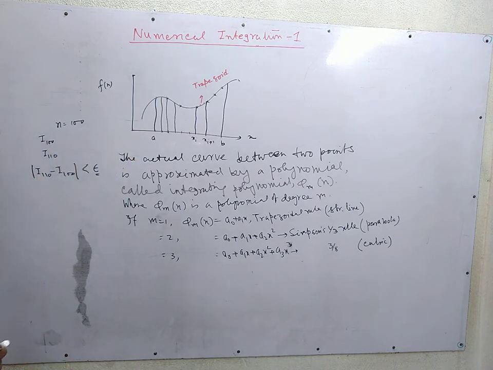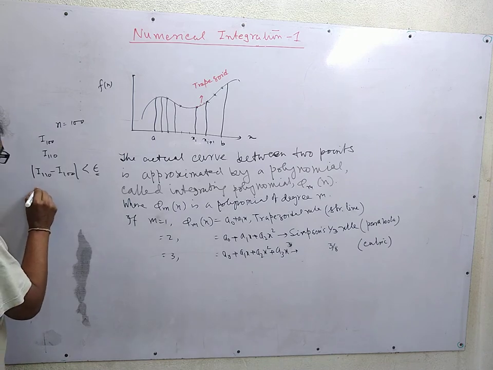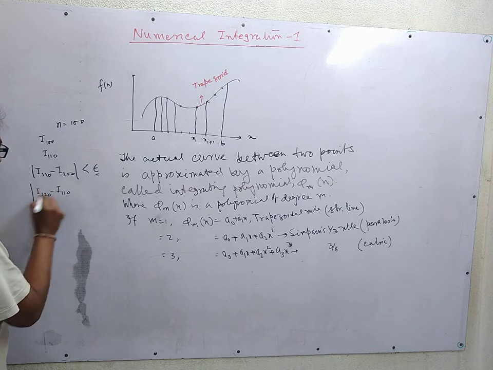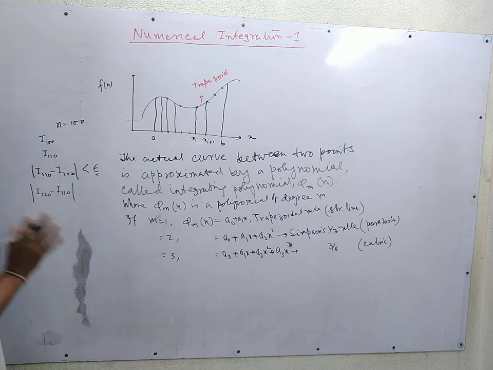If not, then we go to I120 and take the difference, and if the condition is satisfied we stop there, otherwise we go for the next iteration, that is, we increase the n value further.